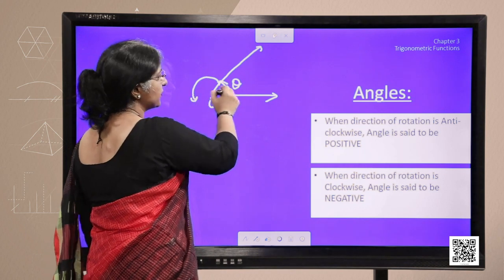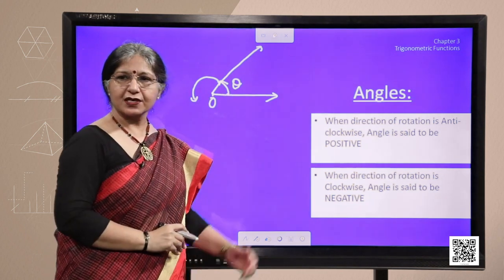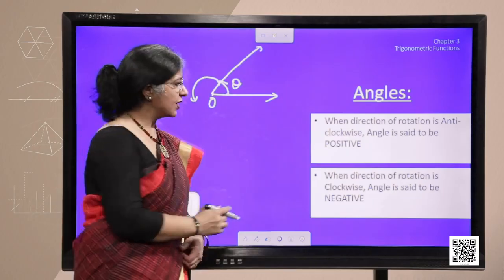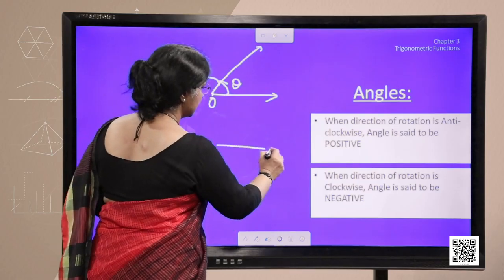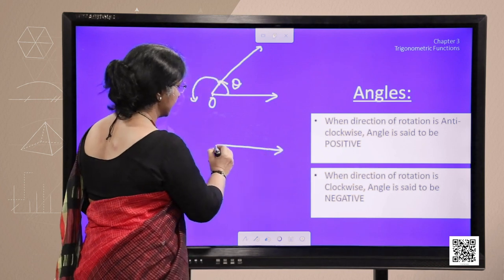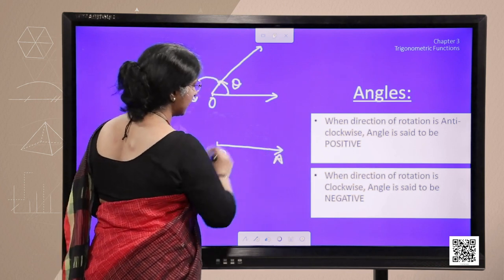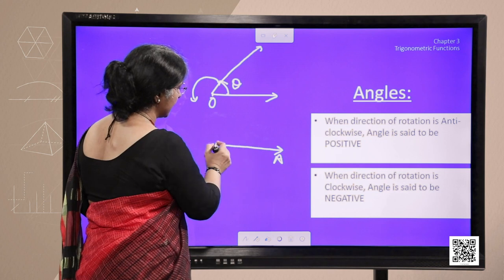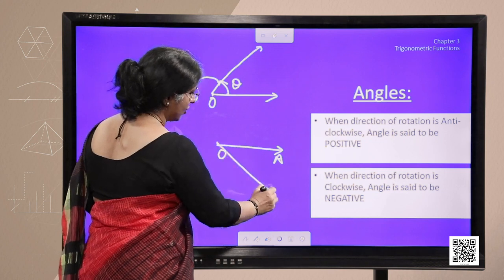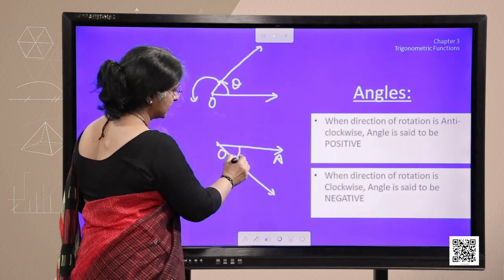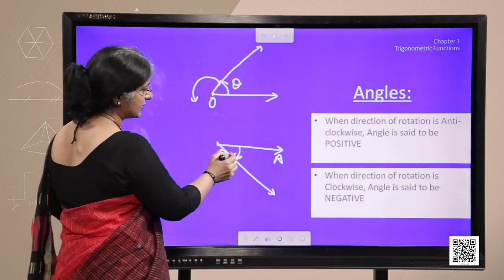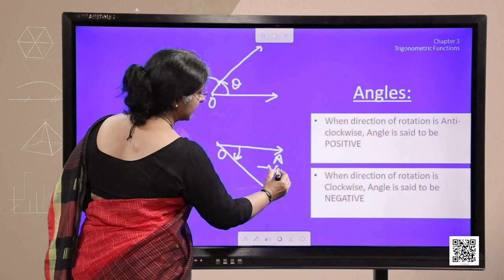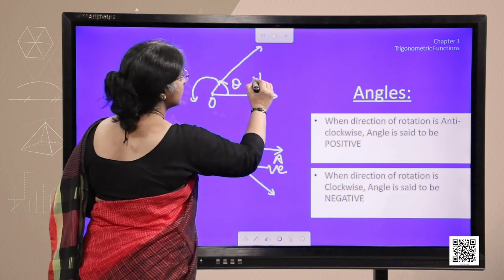This angle is being traced in a positive direction, therefore, this angle is positive. Now, when direction of rotation is clockwise, see here, this is vertex, this is our initial ray, and this terminal ray is moving clockwise. As the minute or second hands of clock move clockwise, the angle traced is negative angle, and this is positive angle.